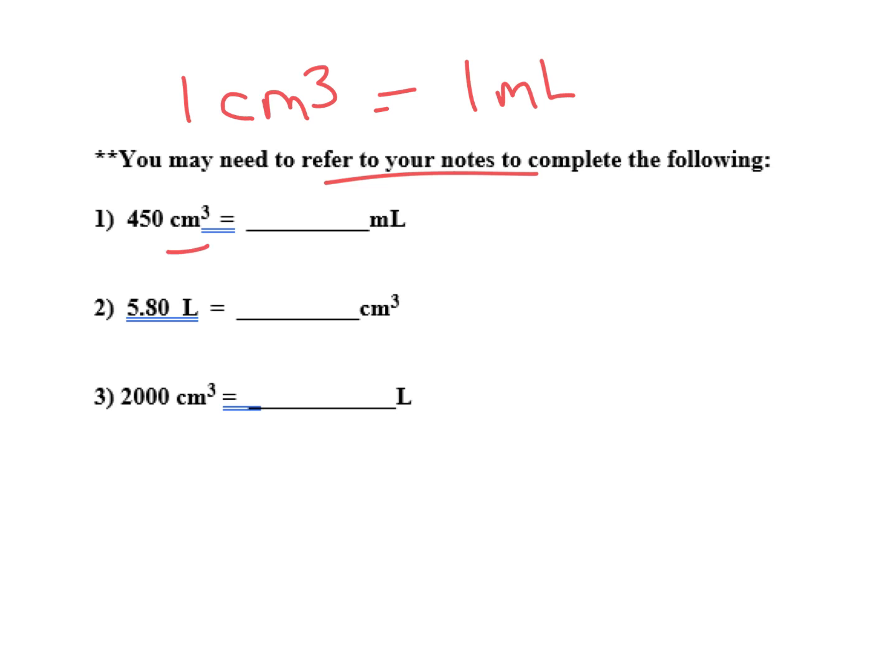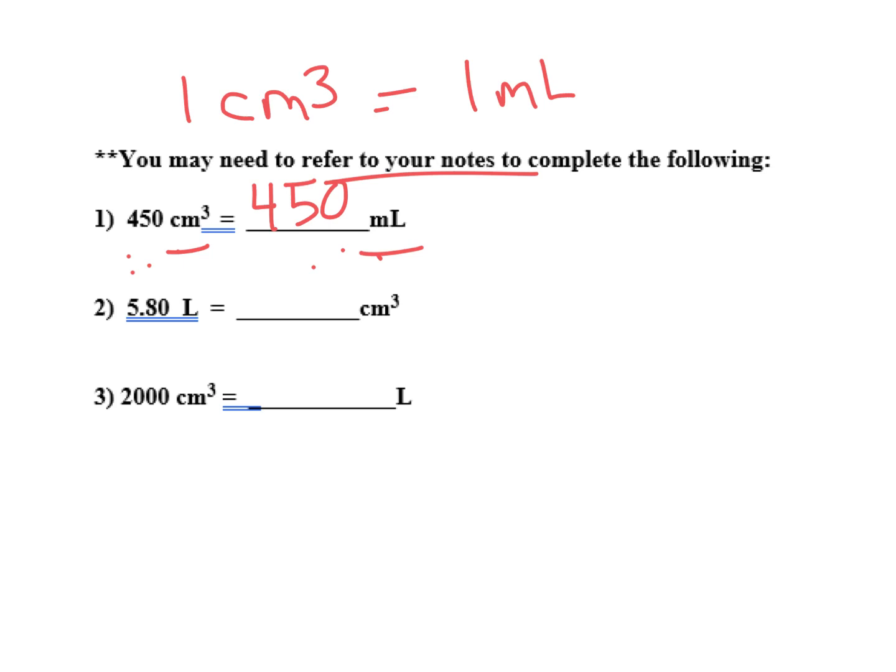If we see centimeter cubed and we see milliliter, basically what we have to understand is that these are the same thing. So if I have 450 centimeter cubed, guess what? I have 450 milliliter. Same thing.